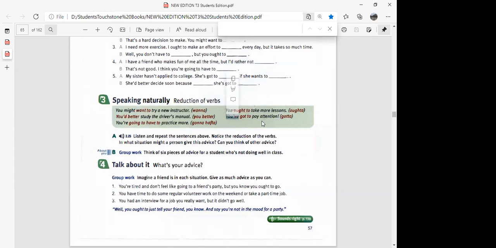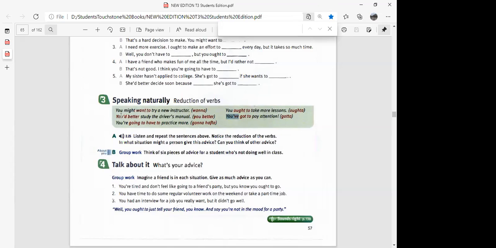You better study the driver's manual. You're gonna have to practice more. You're gonna have to. You ought to take more lessons. You ought to take more lessons. Ahora. You gotta pay attention. You gotta pay attention.